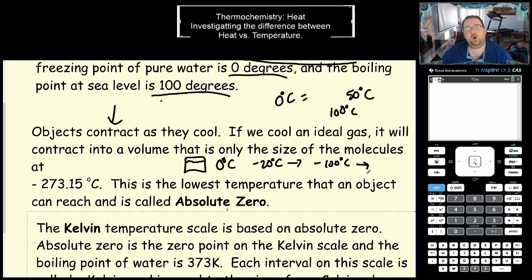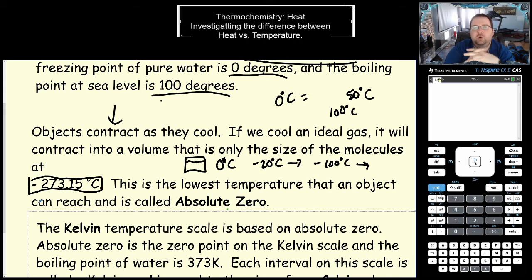How far can you go? The answer is negative 273.15 degrees Celsius. This is the lowest temperature that an object can reach. And think about what's happening. As you remove heat from an object, the particles within that object are going to be slowing down until eventually they stop moving.